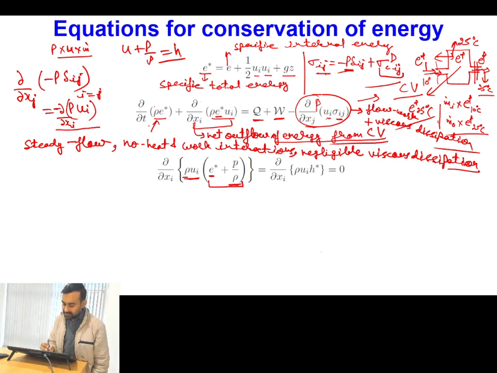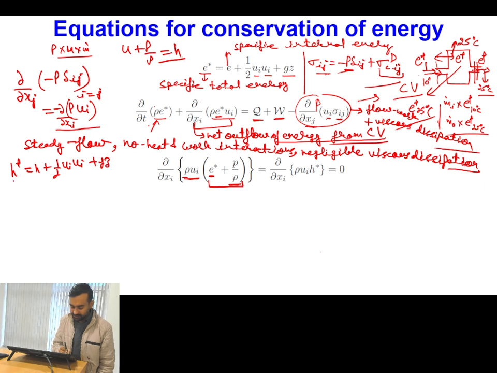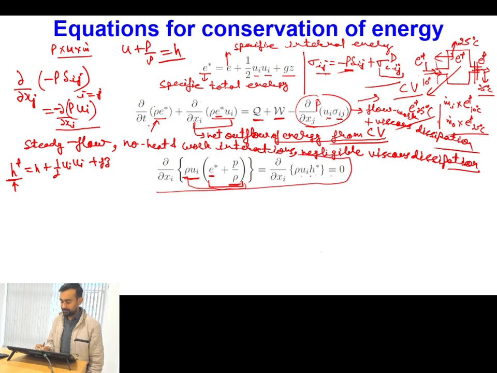So this is enthalpy, and if I define H star as enthalpy plus half of u_i u_i plus gz, this will become total specific enthalpy. So I can replace this term E star plus P by rho with del by del x_i of rho u_i H star, and because I don't have any heat and work interaction, the right hand side will be 0.